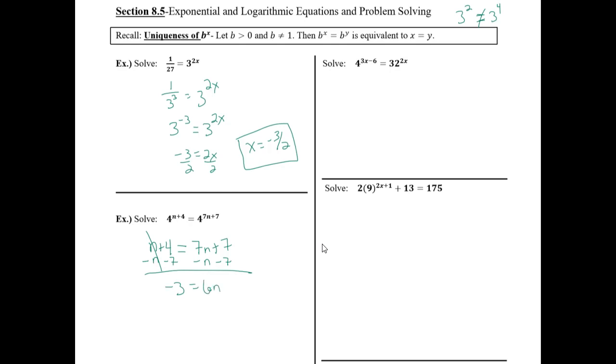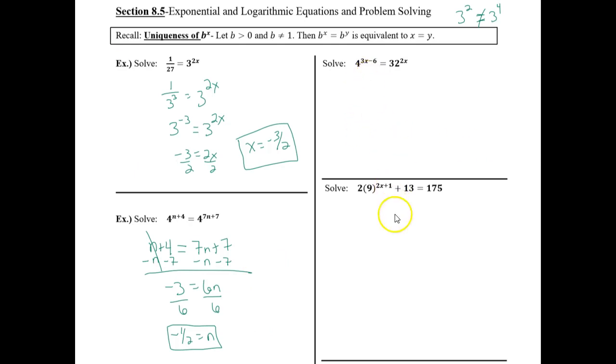If I want to get n alone, I have to divide by 6. And then I'm going to simplify that fraction. So negative 3/6 is the same thing as negative 1/2. And again, I could plug this back in to make sure that I am getting a true statement.